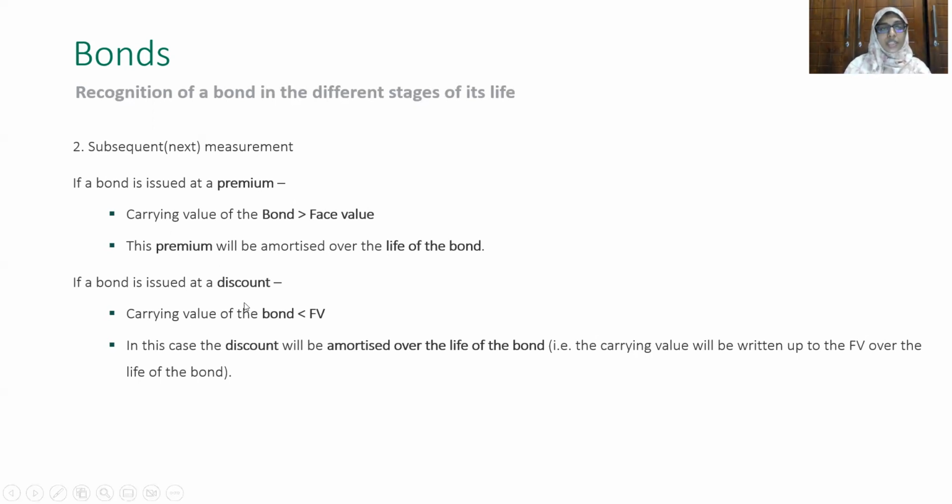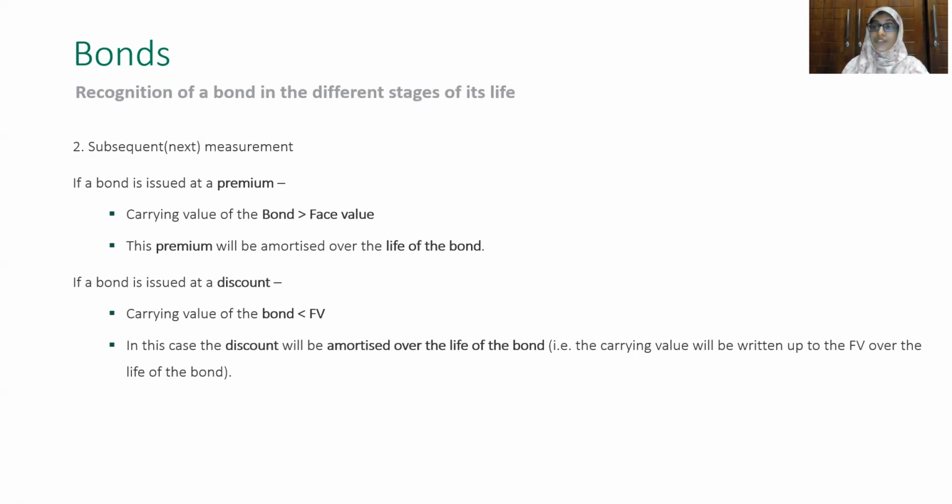Now, if the bond is issued at a discount, a discount is when the carrying value of the bond is less than the face value. In the example before, I told you the face value is 100. I will use the same example where the face value is 100. So what would the carrying value of the bond be?